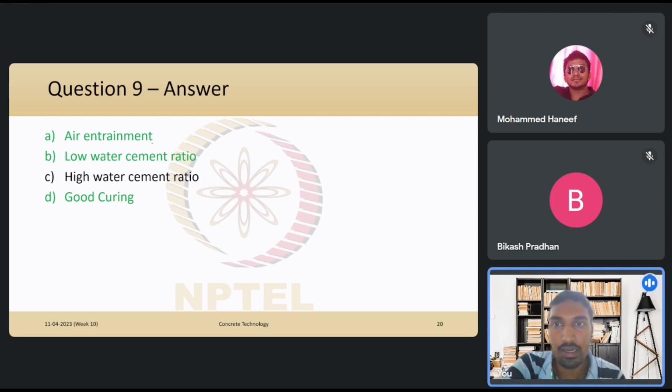So we have air entrainment. How does air entrainment affect it? What happens in frost attack is that the water in your capillary pores freezes, and this frozen water will cause pressure in the nearby pores that are connected.